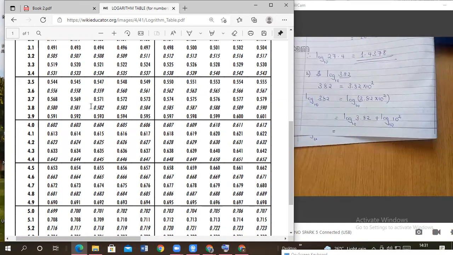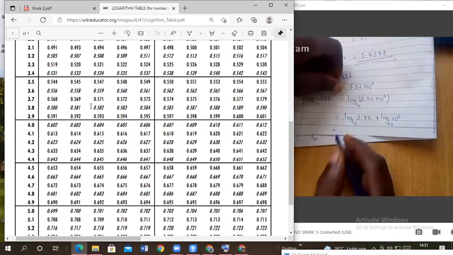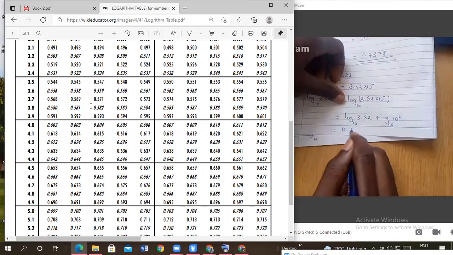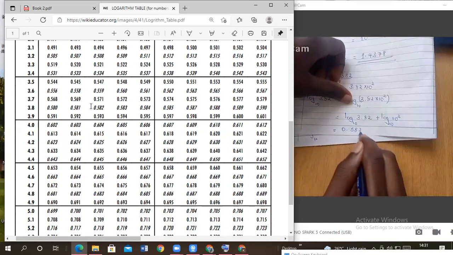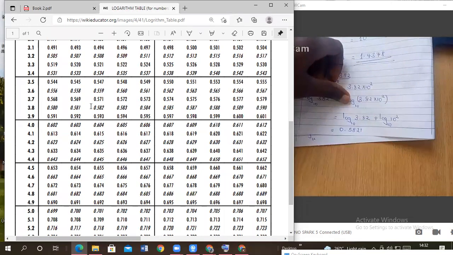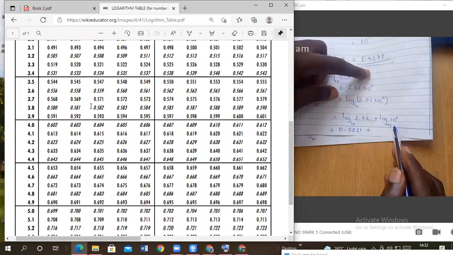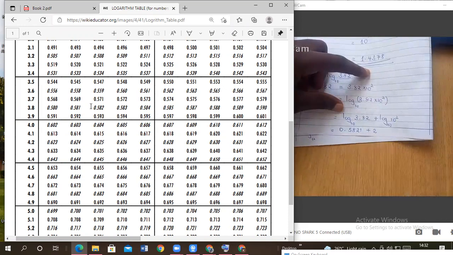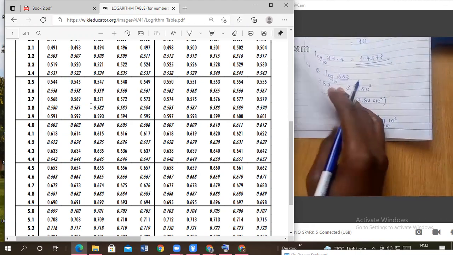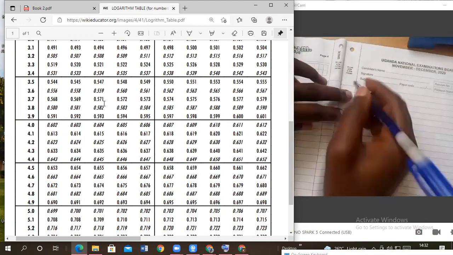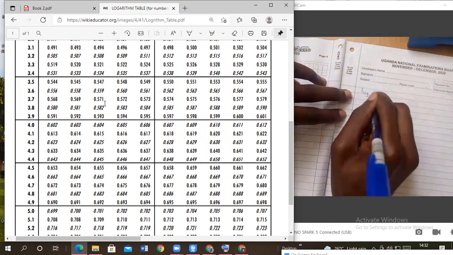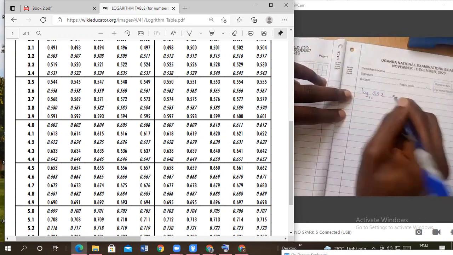Is it 0.581? Plus this, which is 2. When you add everything, what do you get? So which means log to base 10 of 382 is equal to what?